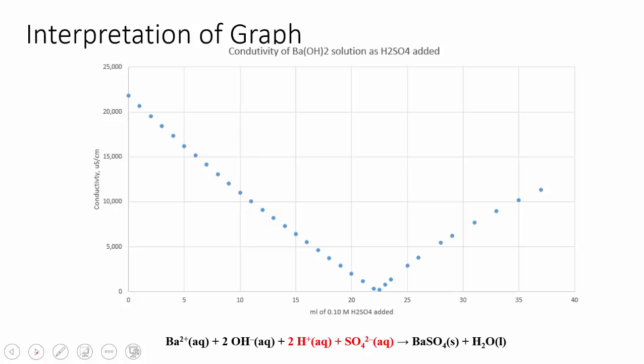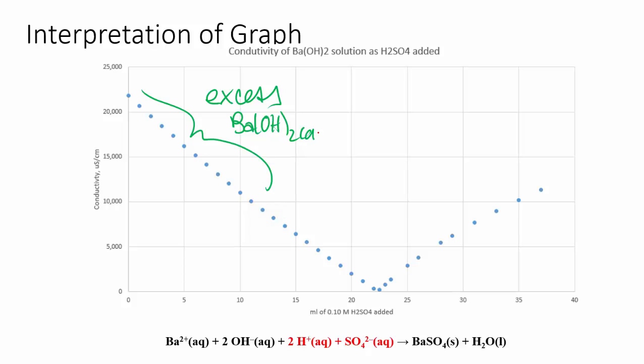So if we look at it on this graph, this region right here is the region where we have excess barium hydroxide. So we have lots of aqueous ions there. Over here at this dip in the graph, this is our equivalence point.